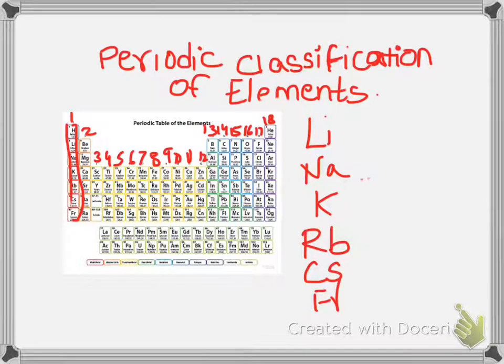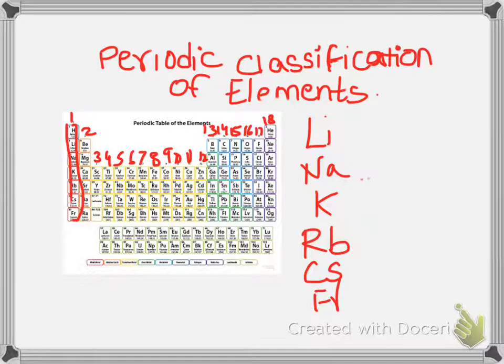If you see this, one thing you will notice is that all these elements are in the same group. The groups are the vertical rows of the periodic table, and in this table you can see that these elements are in the same group. This means that all the elements in the same group have the same chemical and physical properties.